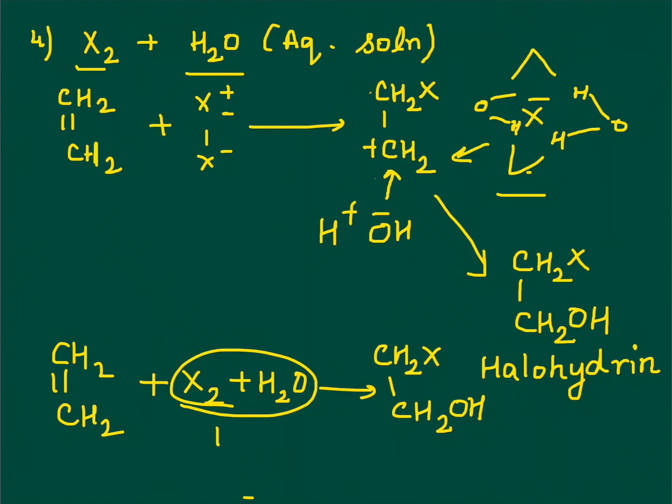Sometimes you will also find it written as HOX, where the X is your positive part and OH is the negative part. Why am I telling you X is the positive part? Because that's what we noticed over here. And you will need it to apply the Markovnikov rule in the next reaction we are going to write.